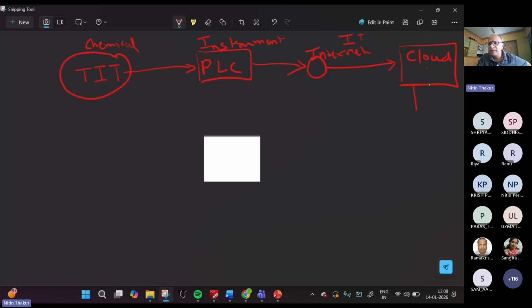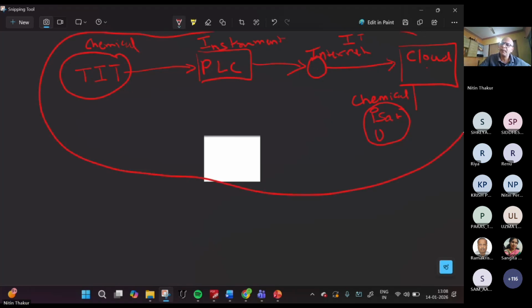Now, when this stuff is stored in the cloud, the equations for PSAT and U are done by the chemical engineer. Secondly, this entire game of which data to be taken to the cloud, what equation should be put into the cloud, the entire concept is by the chemical engineer.